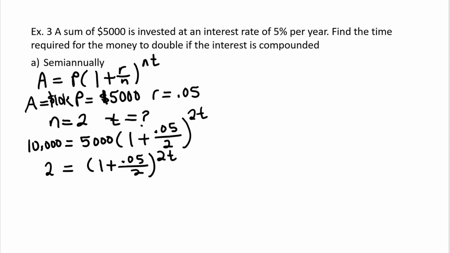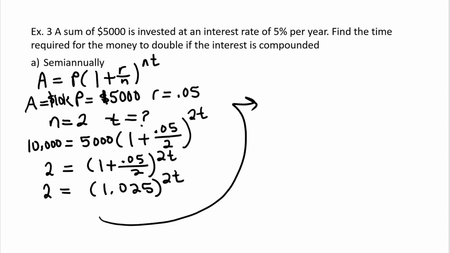Now let's compute, and we'll get 2 equals 1 plus 0.05 over 2, which is 1.025, to 2t. To solve for the unknown in the exponent, we'll need to take the log of both sides. You can use any log you want to, but you should choose either the natural log or the common log because those are the function values on your calculator.